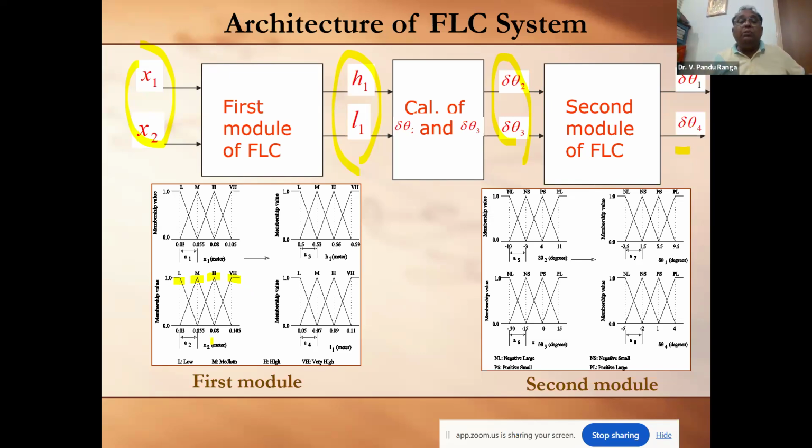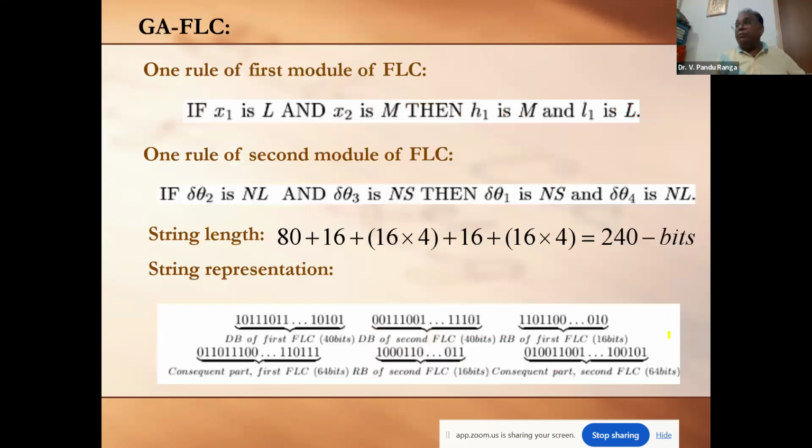This is how, for both the first module and the second module of the neural network, we are going to constitute the database in the form of membership function distribution and linguistic terms. The other important part is the rule base. For forming the rule base, we use if-then-else conditions.